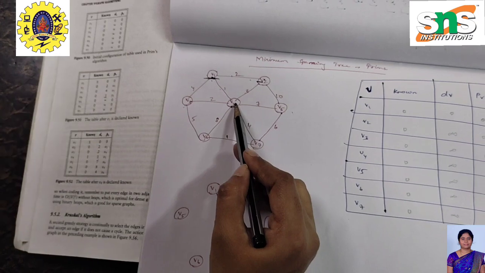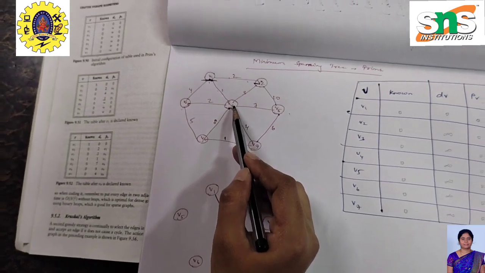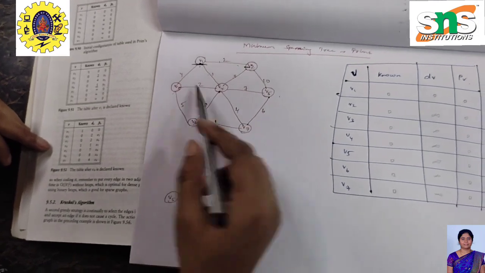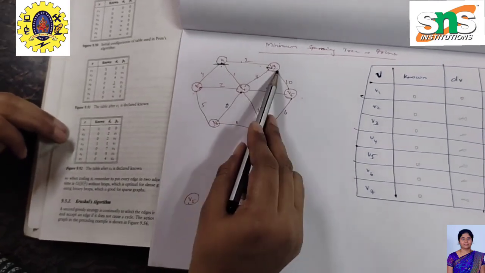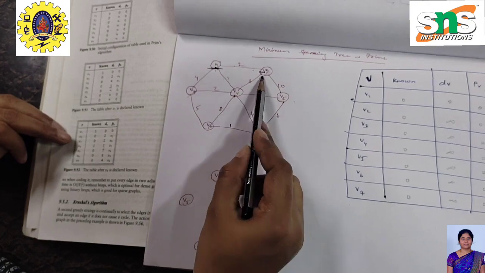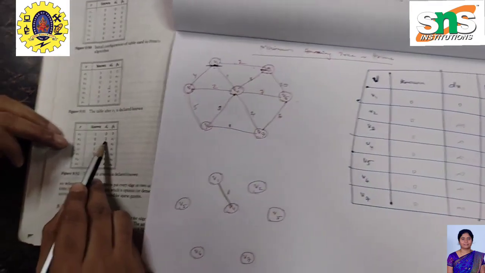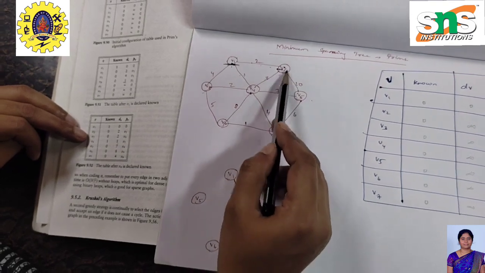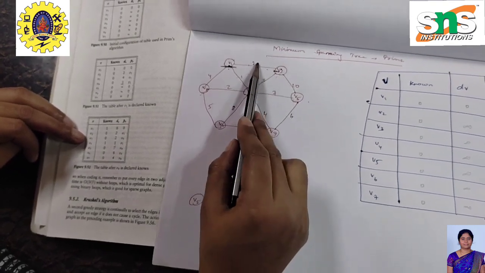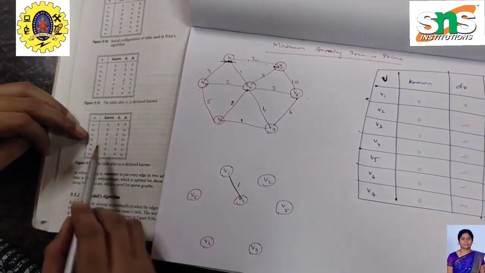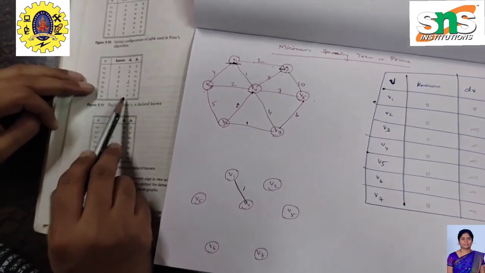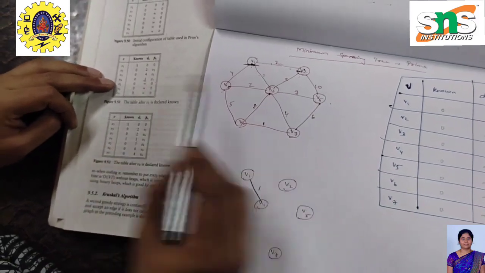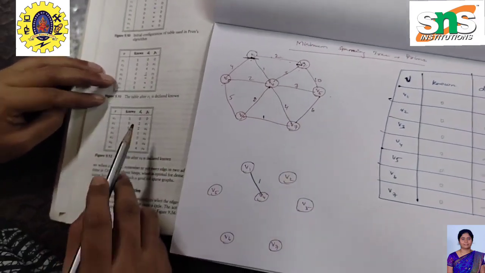From V4 we can visit V2, V5, V7, V6 and V3. To visit V2, my distance is 3. I already have distance 2, which is lesser, so I need not visit V2 again. For V5 I don't have any value yet, it is infinite, so this is the minimum value as of now, and it is 7.